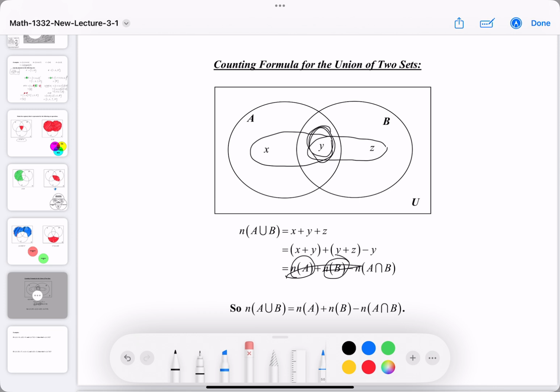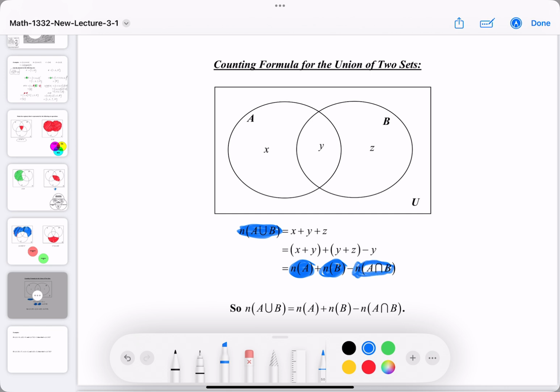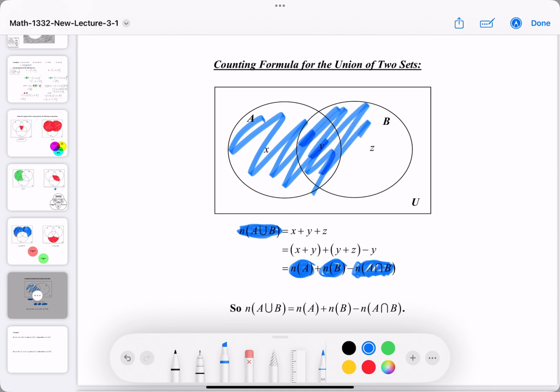If I'm looking for the cardinality of A union B, that equals n of A plus n of B minus the intersection, the area I added twice, because I add the x and y and the y and z.